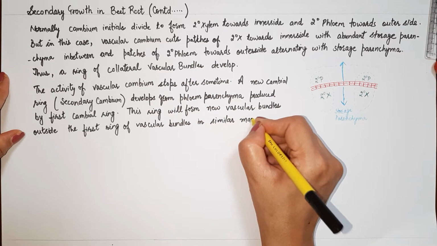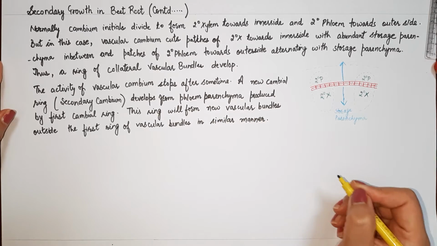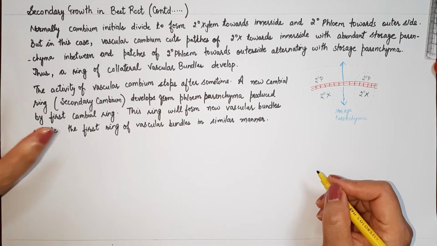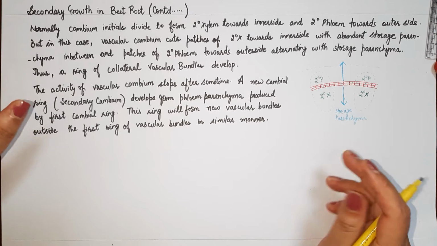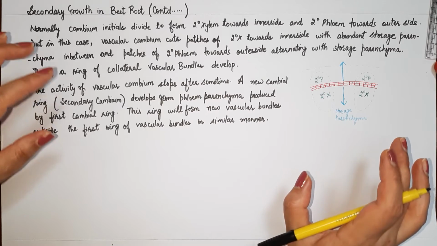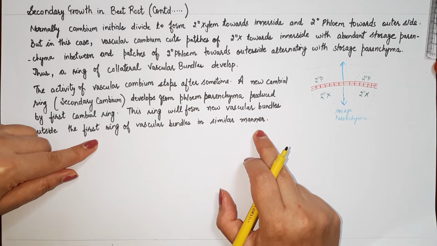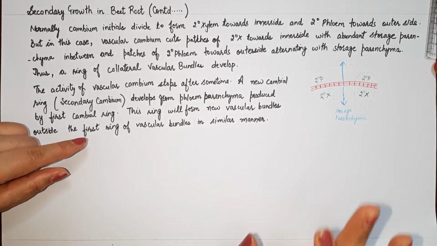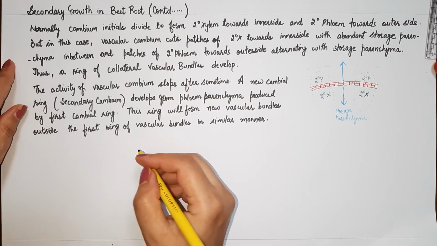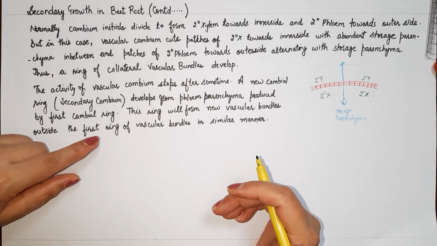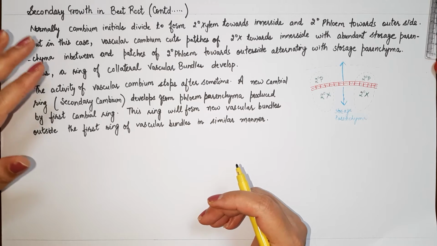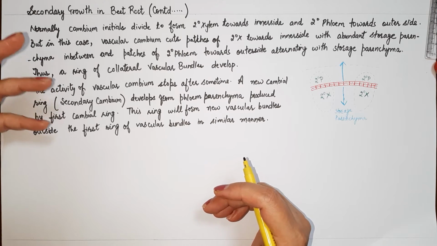Means again it will cut the patches of secondary xylem towards inner side and secondary phloem towards outside, and in between it will cut storage parenchyma. So, the activity of the second cambial ring would remain same as the first cambial ring. Now, what will happen after some time? Again this second ring will also stop dividing and there will be the formation of the third cambial ring.